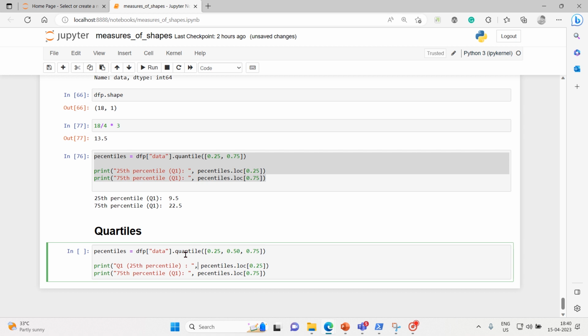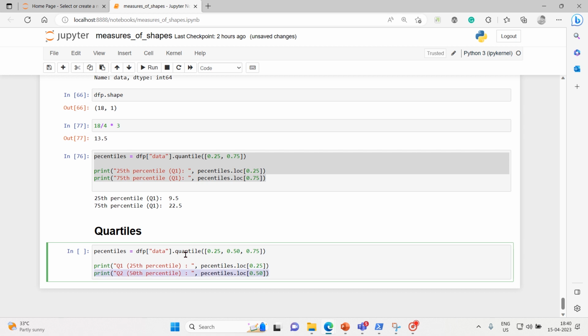So percentiles dot log 0.25. Then I have quartile 2. This is the 50th percentile, and I'm going to make it 0.50 here.